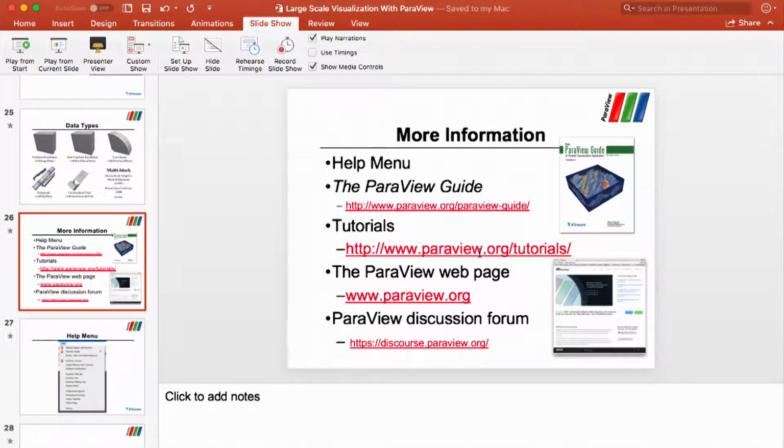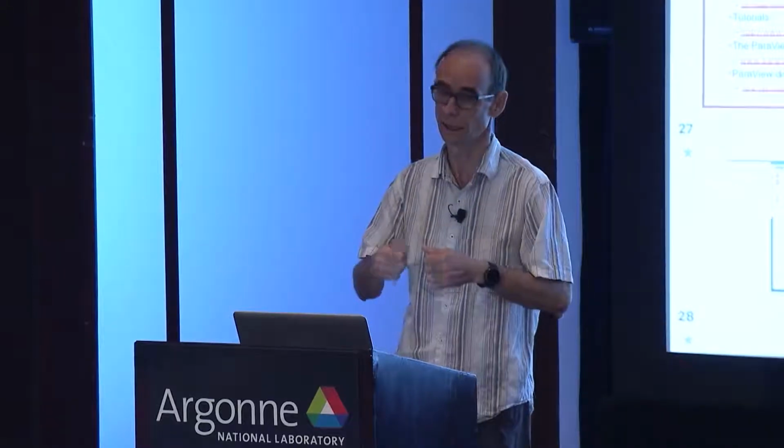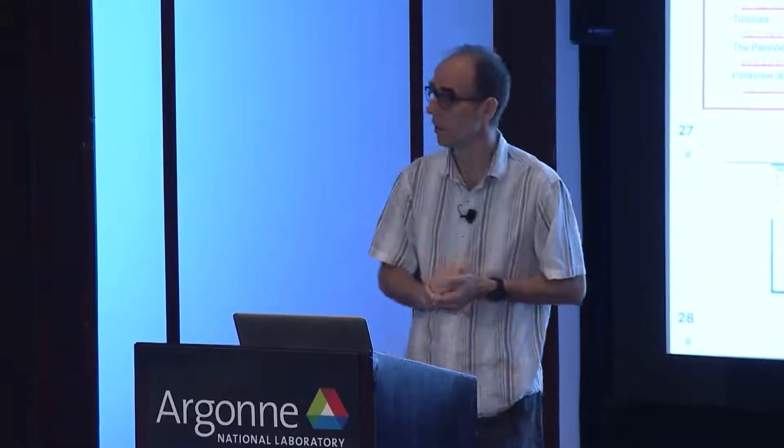These slides are actually based on the ParaView tutorial. This is a PDF document that goes into more detail and takes you through many examples to learn how to use ParaView.